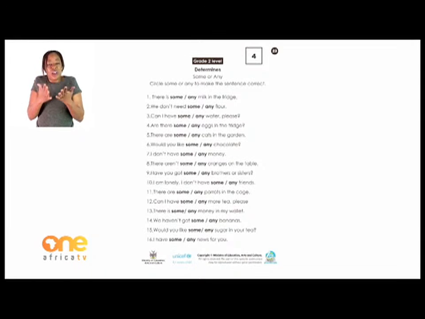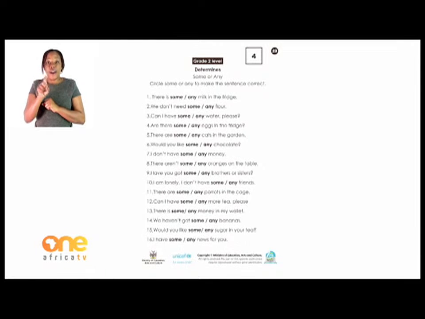Some is used for positive statements, questions, or offers, or when you request something. It's also used with countable and uncountable nouns. And any is used for questions and for negative statements. It's also used with countable and uncountable nouns.